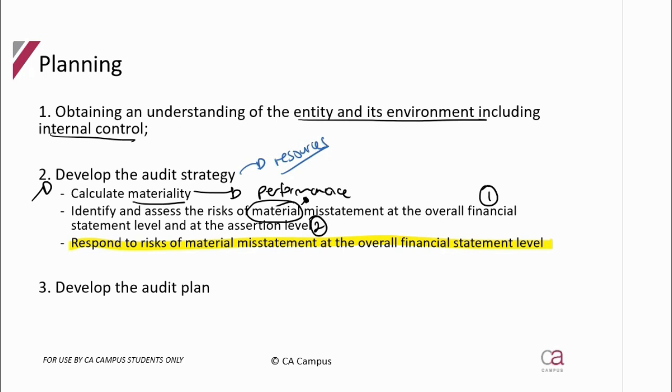Okay, so ultimately this has been addressed. We just cover the standard now dealing with that. But then we need to respond to the risks at the assertion level. So this is responding to those first risks at a financial statement level. Now we need to respond to the risks at an assertion level. And that means we have to develop the audit plan.